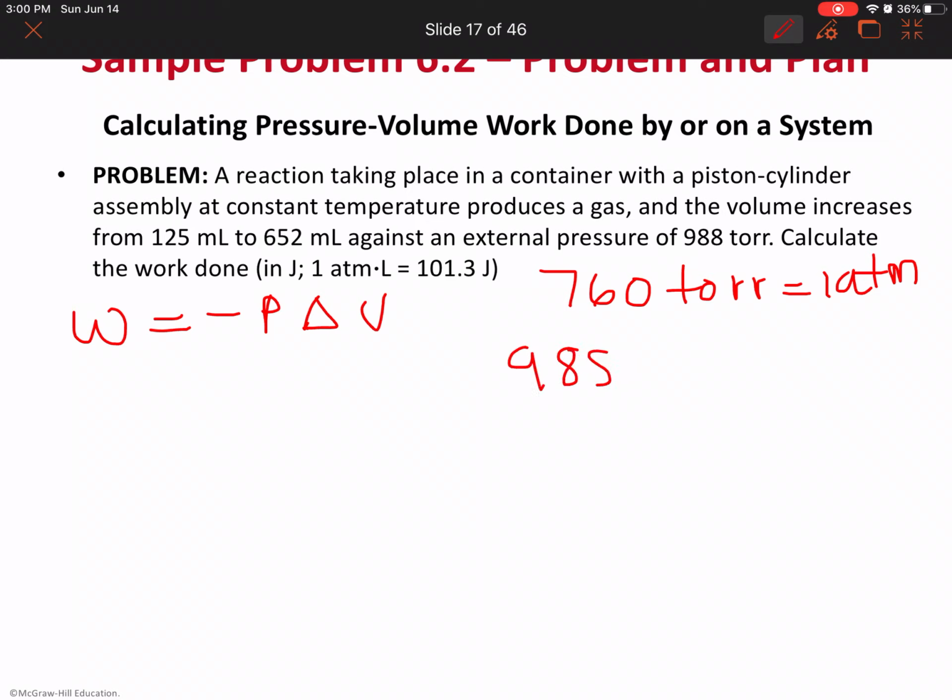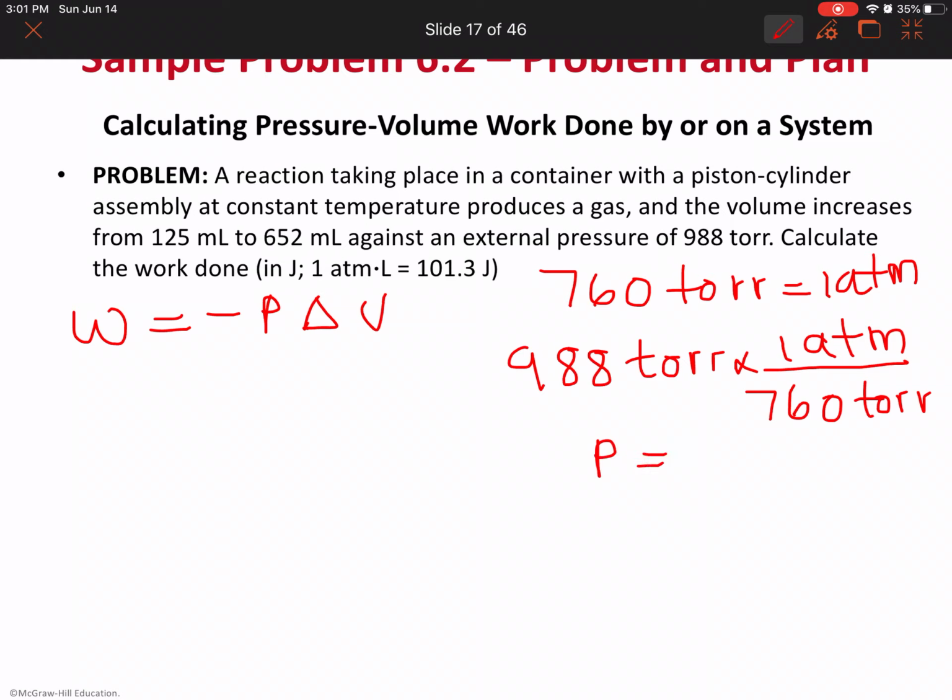So 988 torr, how do you convert it to atm? 760 torr equals 1 atm. This will give us the pressure in atm. And then the volume. We want to find delta V, which is final volume minus initial volume.